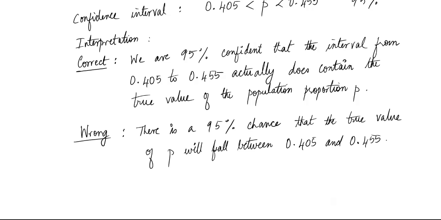Because of the probability, we immediately say chance, but no, this is confidence, not chance. Note the difference in the language. The correct interpretation says we are 95% confident that the interval contains the true value, but the wrong version says there's a 95% chance that the true value will fall in between. That is very different.